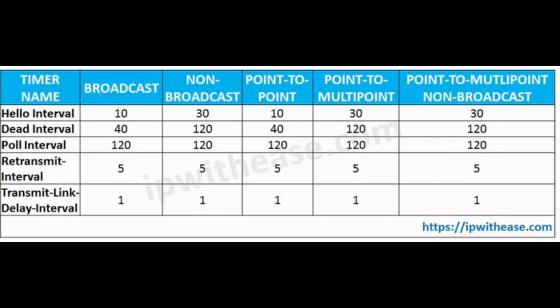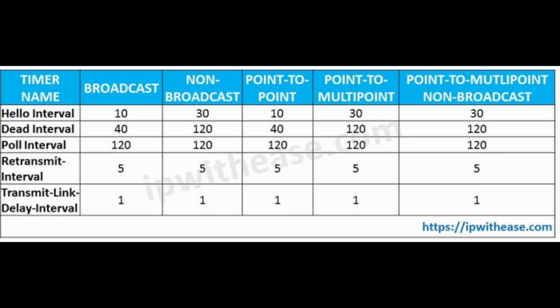We talked about the different OSPF network types. You have broadcast, non-broadcast, point-to-point, point-to-multipoint, and point-to-multipoint non-broadcast. With broadcast, the timers are 10 seconds hello, 40 seconds for the dead interval, and a wait time of 40 seconds. Non-broadcast, we're talking 30 seconds, 120 seconds, and again 120 seconds.